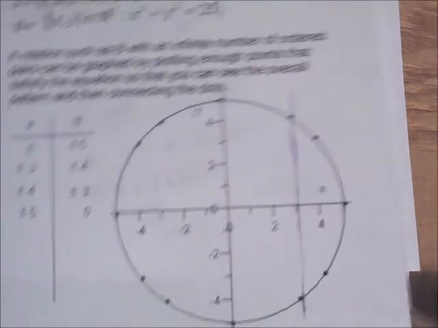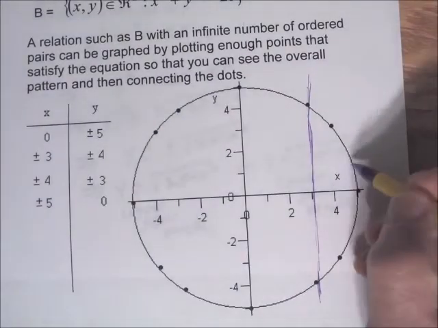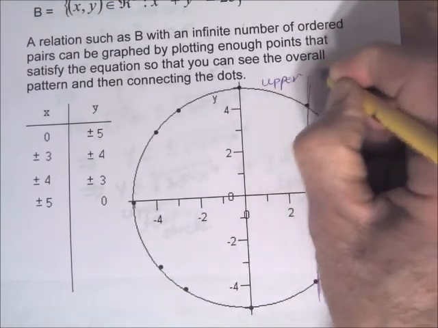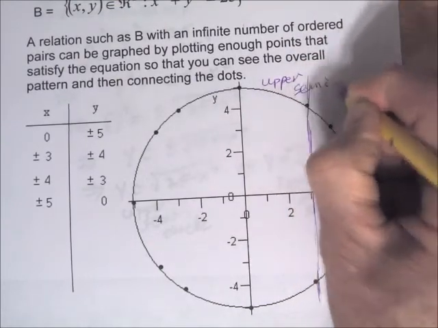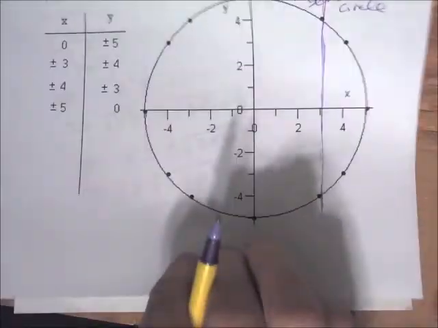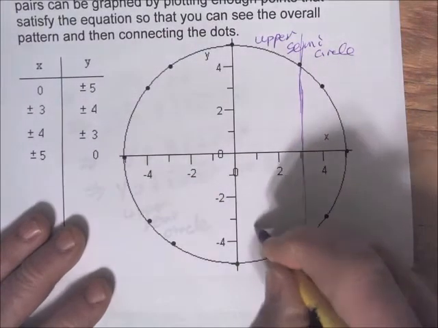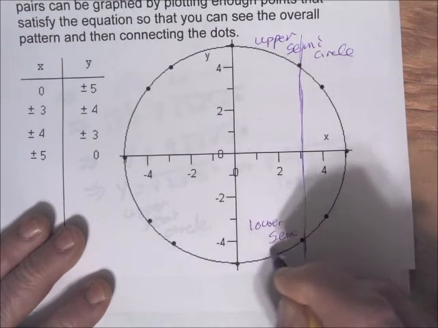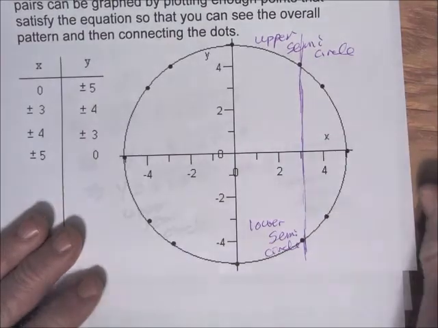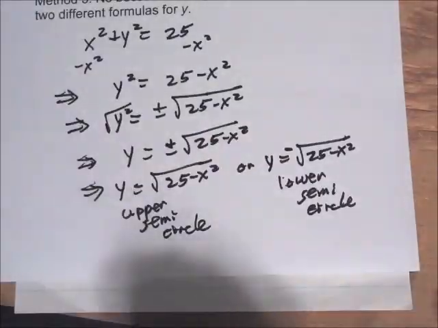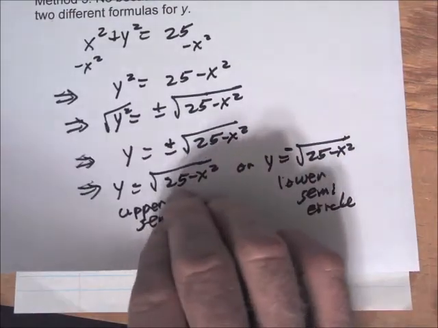So we have the upper semicircle here, and this is the lower semicircle down at the bottom. So that's one way of handling it. But in any case, the original formula was not a function.